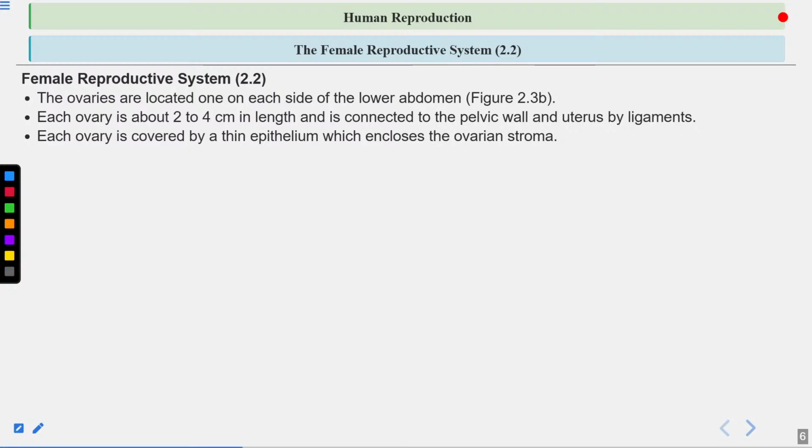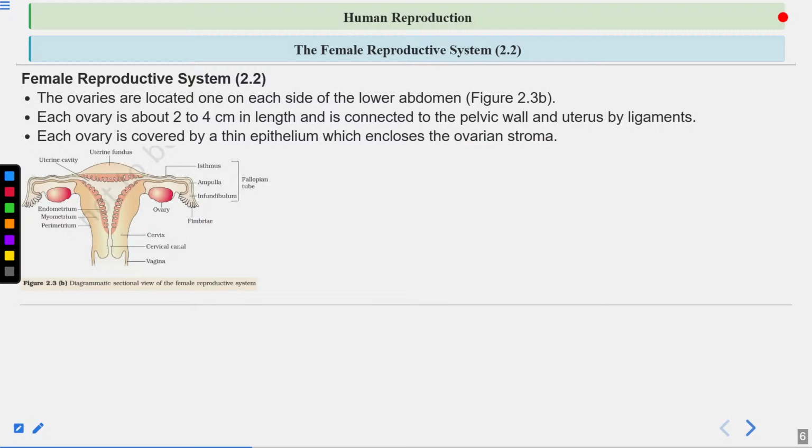Each ovary is covered by a thin epithelium which encloses the ovarian stroma. So within the ovary, the ovarian stroma is present, and within this ovarian stroma, blood capillaries are present.